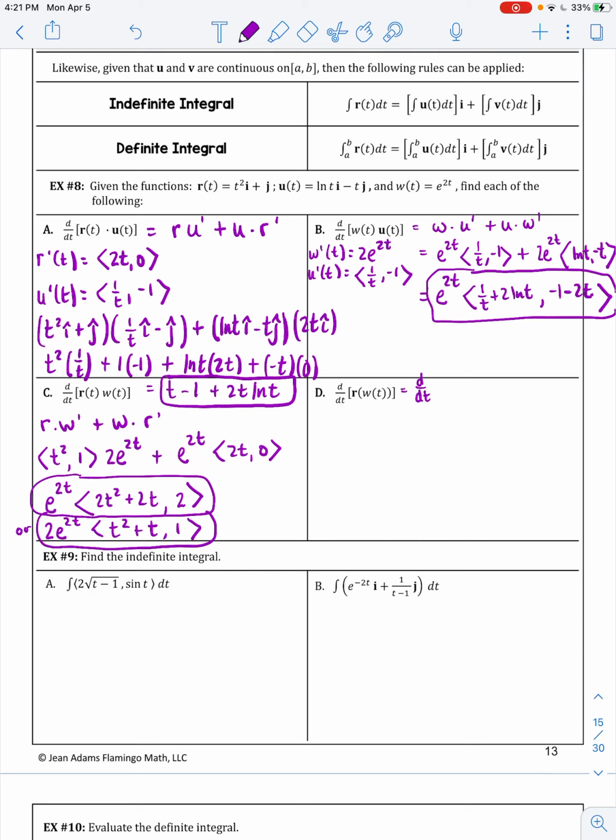We could look at this a couple of different ways, but if we look at this as d/dt of, and putting our e to the 2t in for t, because r was t squared times i plus j, and if you think of this as e to the 4t i plus j, then you could say that this derivative is 4e to the 4t comma 0. And that's probably the easiest way to do it.